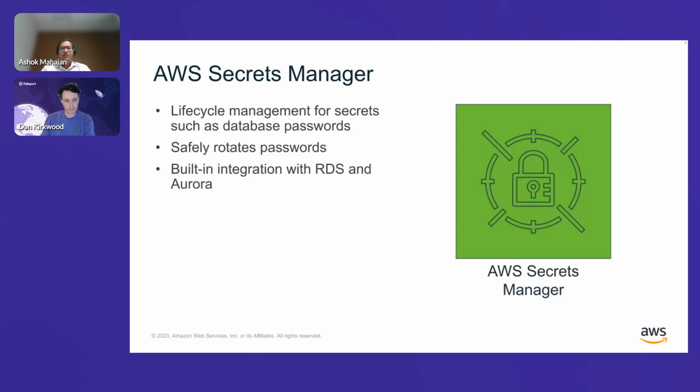To retrieve secrets, you simply replace secrets in plain text in your application code with an API call using the Secrets Manager API. You can then also use IAM policies to control who can access these secrets. And the best part is you can rotate passwords on a schedule or on-demand basis for supported databases without risking any impact on your application.